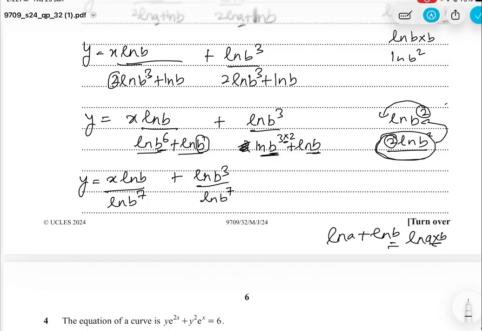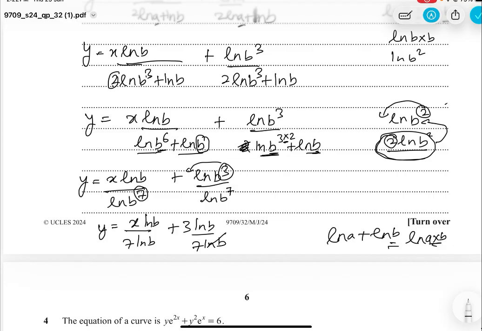See, ln b to the power 6 times b will be ln b to the power 7. Can I take this out now? Yes, sir. So y equals x upon 7 ln b plus 3 ln b upon 7 ln b. ln b and ln b cancelled, ln b and ln b cancelled. So we will have our final answer y equals x by 7 plus 3 by 7.